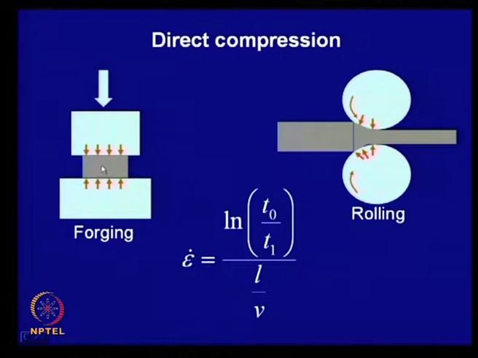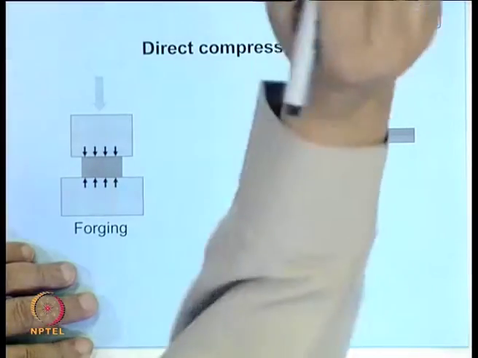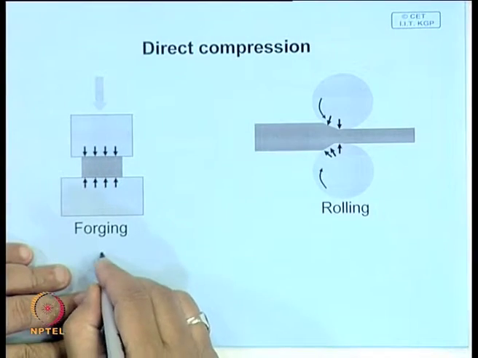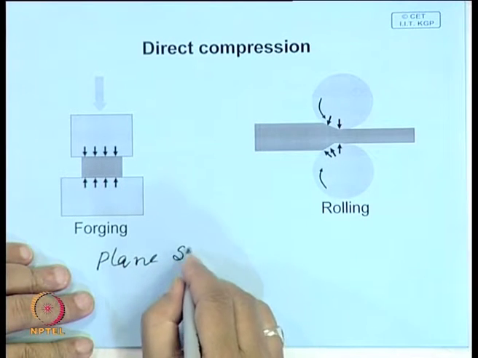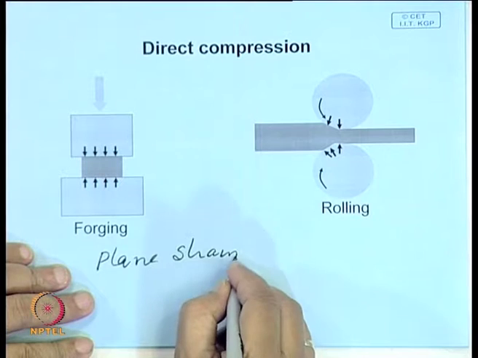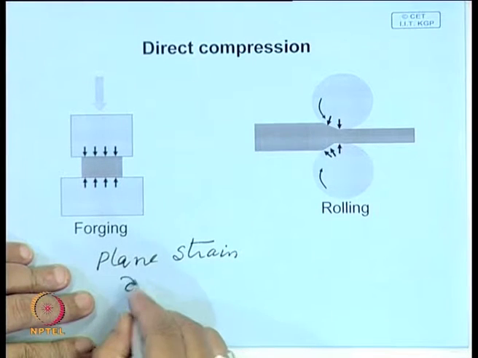In that case, the material flows in this direction, and in the other direction perpendicular to the plane also. So, two directions. This kind of processing is what we call plane strain deformation: you have deformation in two directions.